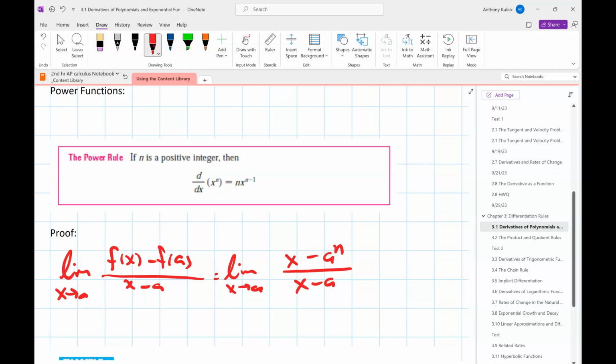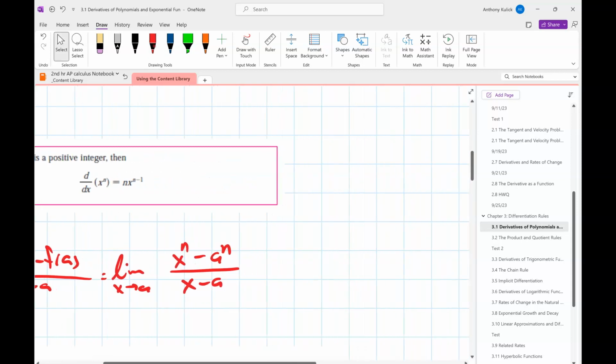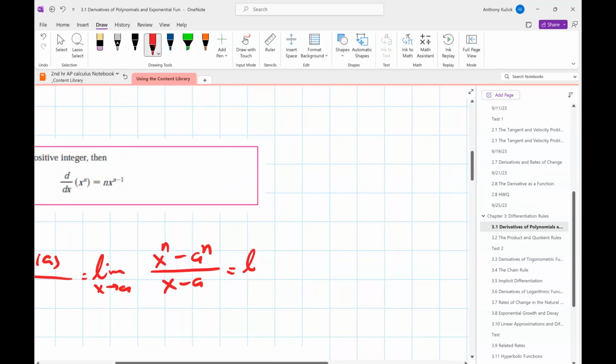What does that numerator look like to you? Like a difference of perfect nth powers, right? How is that going to factor? Because that's what I'm about to do.